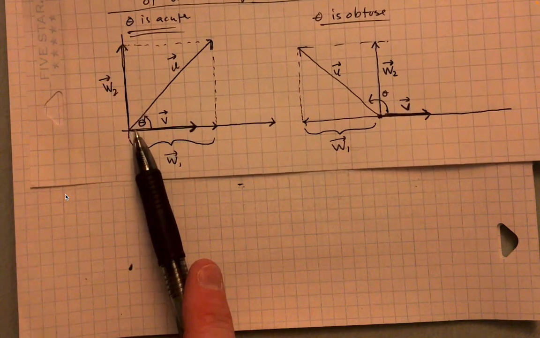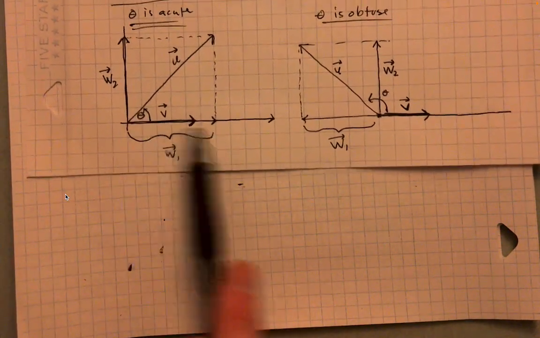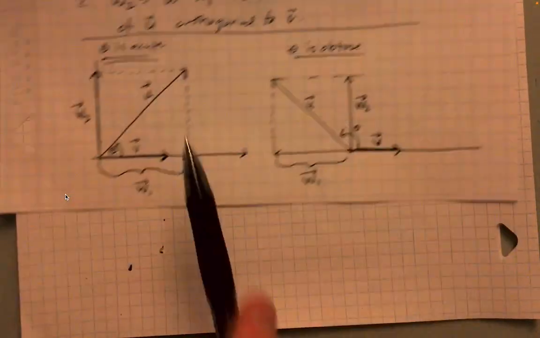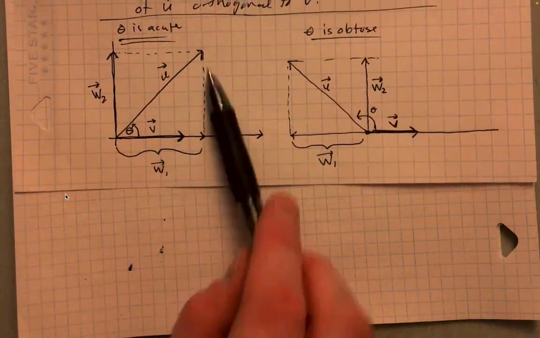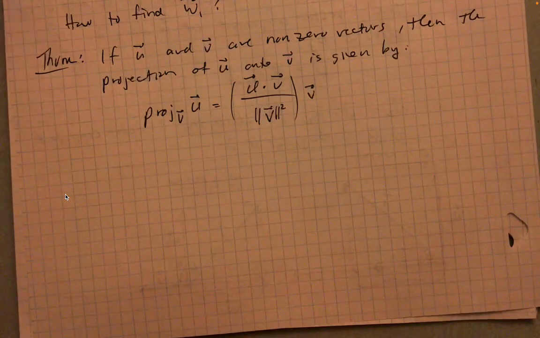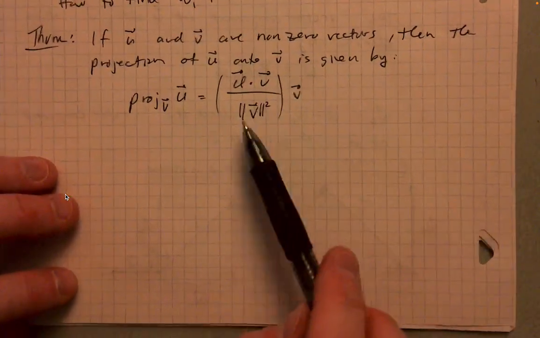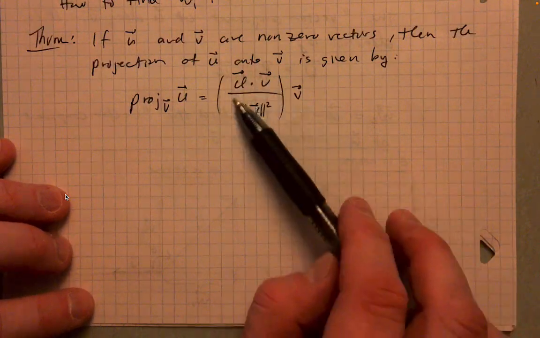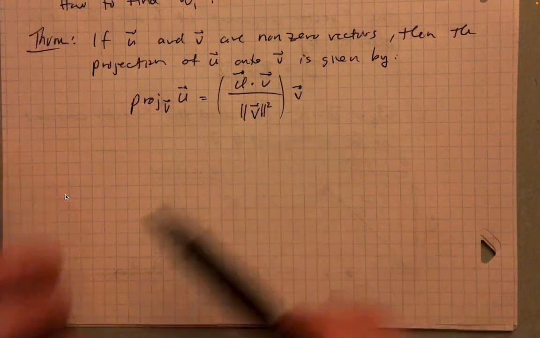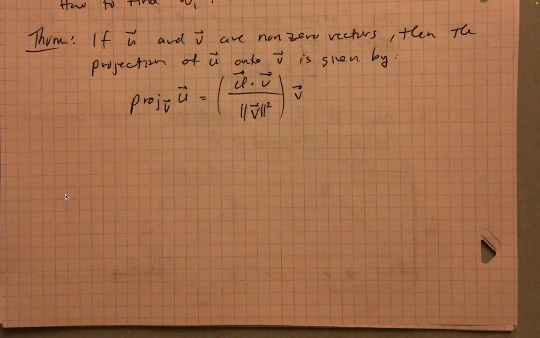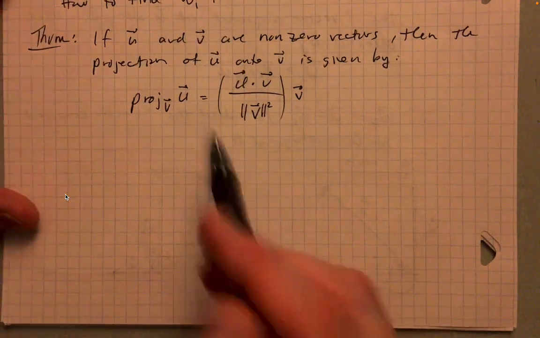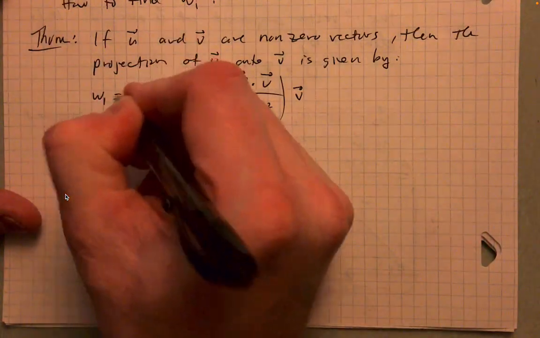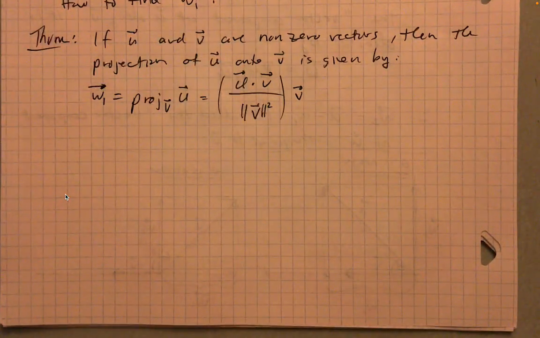So you could think of it as we just need to figure out how to scale W1 so that it truly represents the projection of U. That's what this is about. So this is the way to come up with the scalar, multiply it times V to shrink it or extend it. All right. So that's how you figure out what that W1 needs to be.